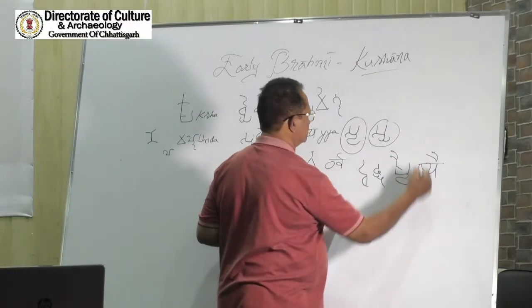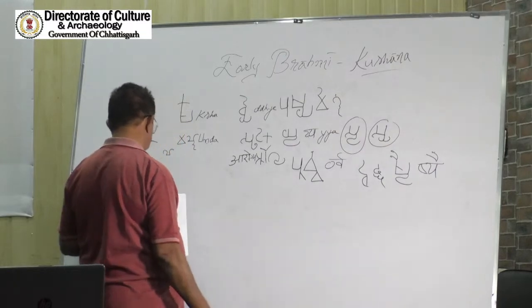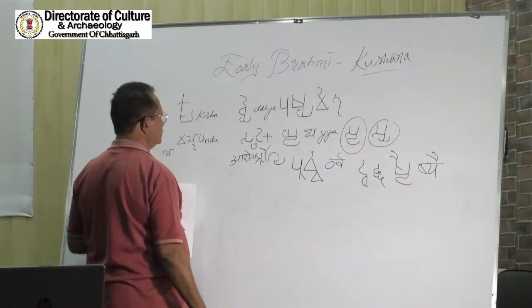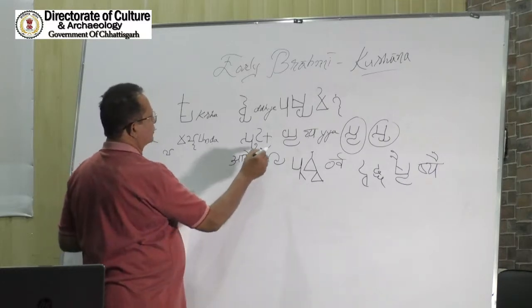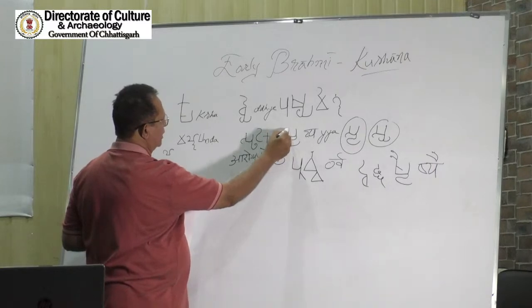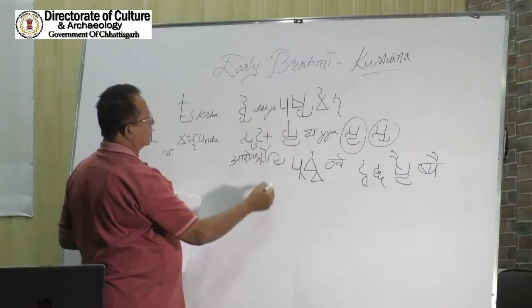Shei. Shei. Arya. Suppose Ya is there, Arya you want to write, extended stroke, it becomes Rya.